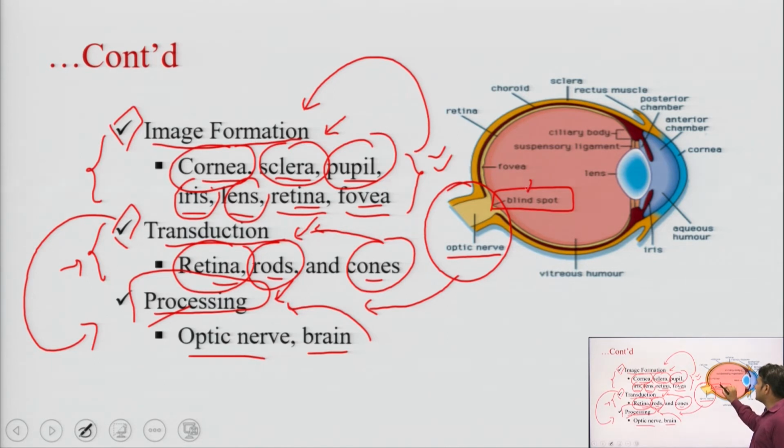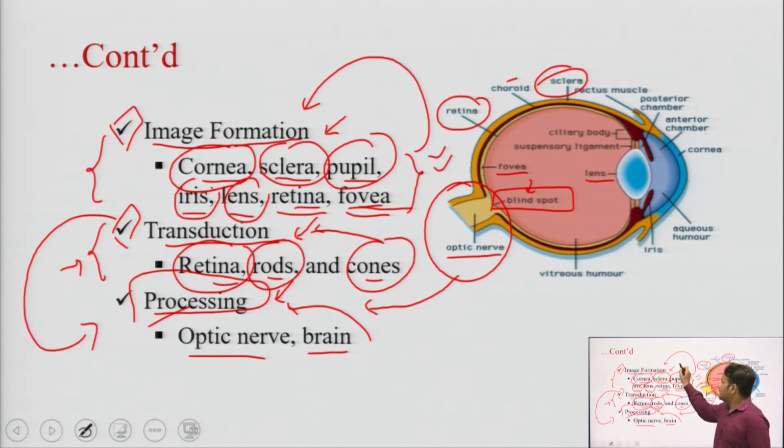The blind spot is a spot where we cannot identify what kind of image is there, because the parts responsible for image formation, the lens, retina, sclera and fovea, are not present there. So, at that particular portion you cannot identify which kind of image is there. That portion is known as the blind spot.